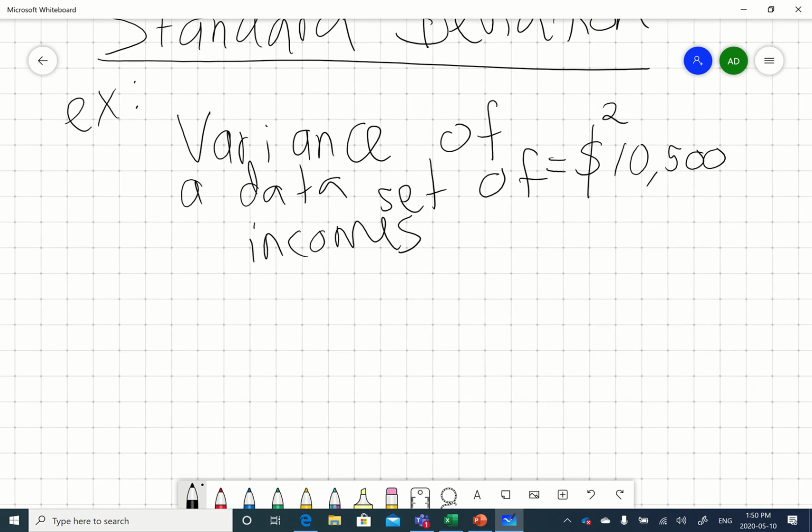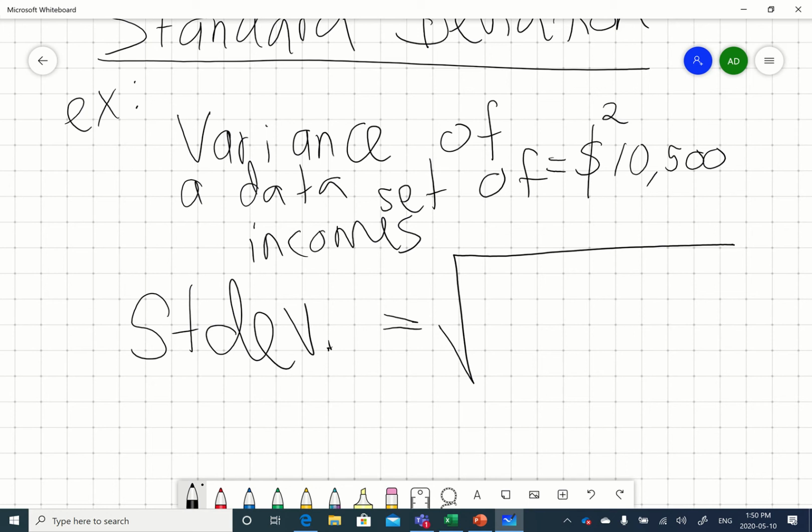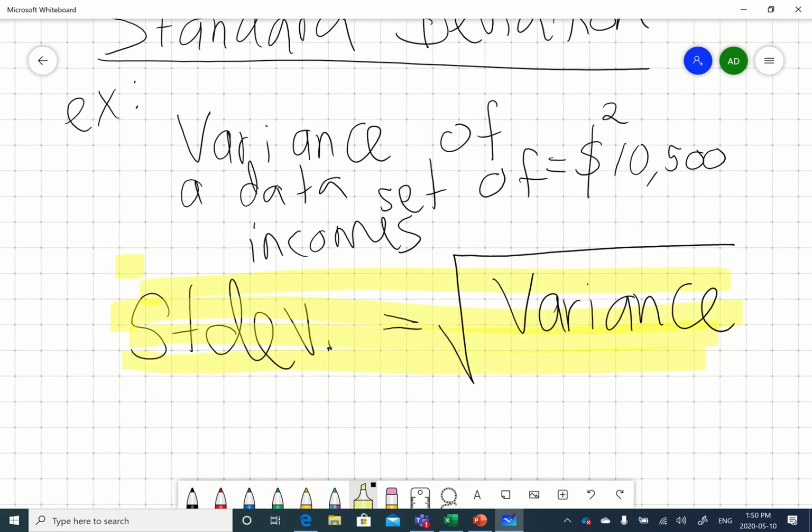That's why we use standard deviation, because standard deviation is the square root of the variance. This connection is extremely important. You need to know the relationship. So standard deviation is the square root of the variance.